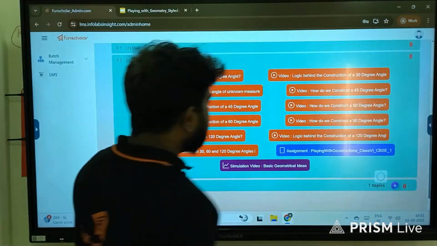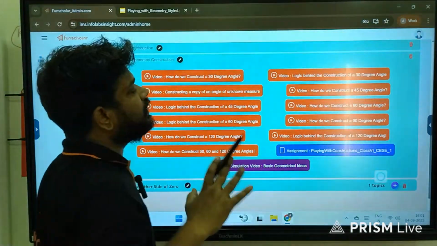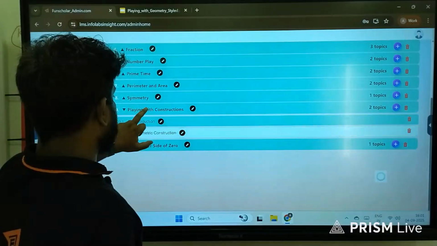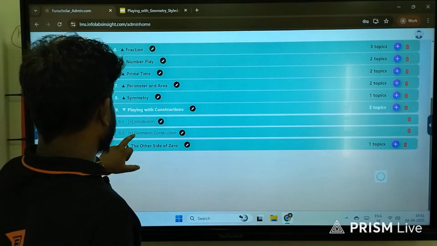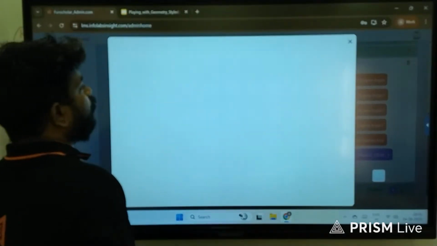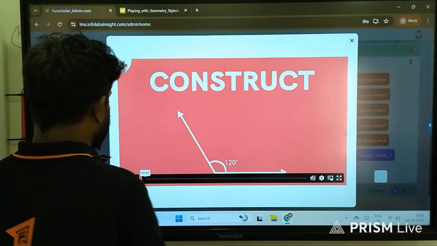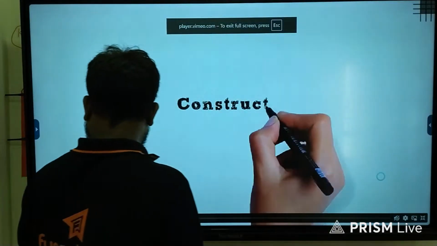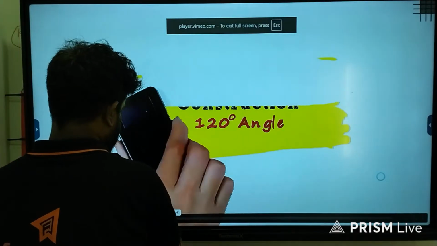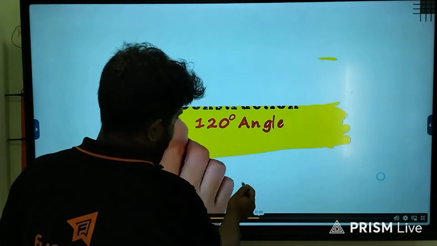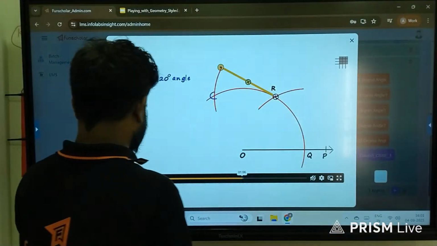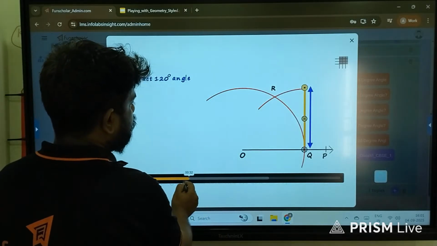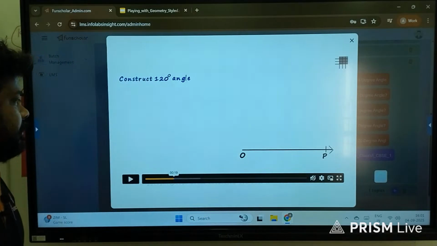The next is, yes, we have learned 60 degree, we have learned 45 degree. Now we are going to learn the 120 degree. Okay, so first thing is to draw a straight line like this.